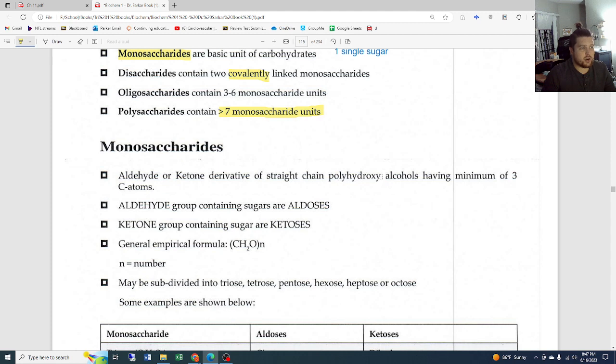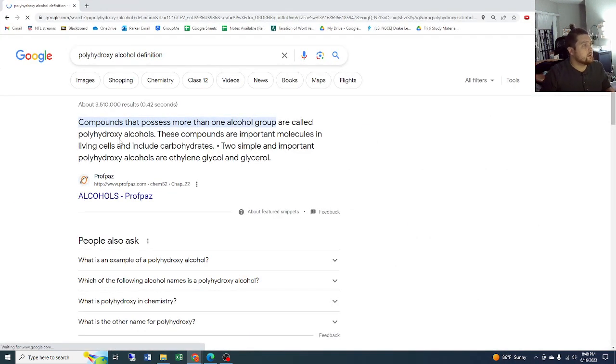Polyhydroxy, we saw that word before, meaning it has multiple hydroxyl groups. And then alcohols, those are going to have that specific combination. Compounds that possess more than one alcohol group are called polyhydroxy alcohols.